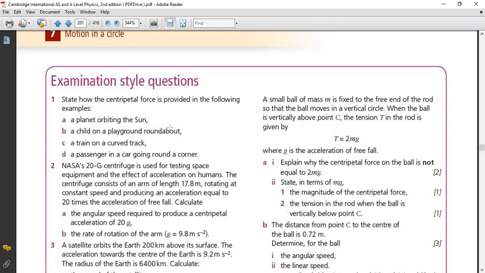Is it circular? No. Frictional force? Friction force.